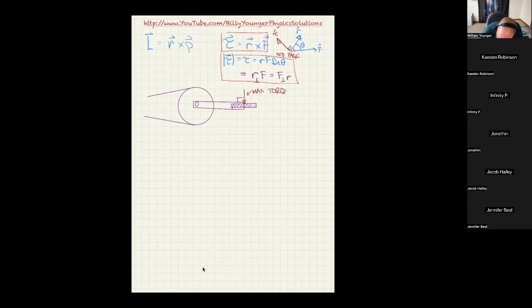And the reason is, as you can see, torque is equal to R cross F. What is R? Well, R is a vector that points from the center of rotation to the point of application of the force. So that's our R vector. It's called a lever arm.